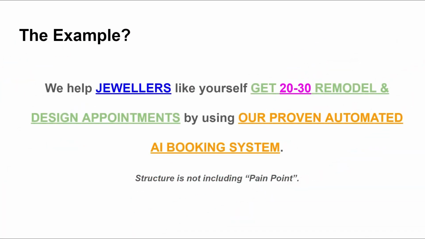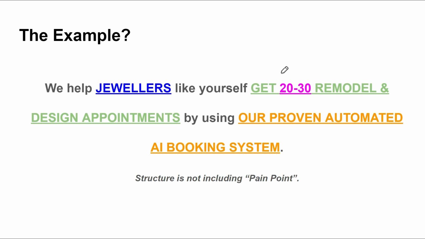So let's go to the next example. We help jewelers like yourself get 20 to 30 remodel and design appointments by using our proven automated AI booking system. So again, this is our ideal audience, which is our market, and this is the tangible value, 20 to 30. When you put a number and a definite value in the sentence, it just makes it feel more tangible.